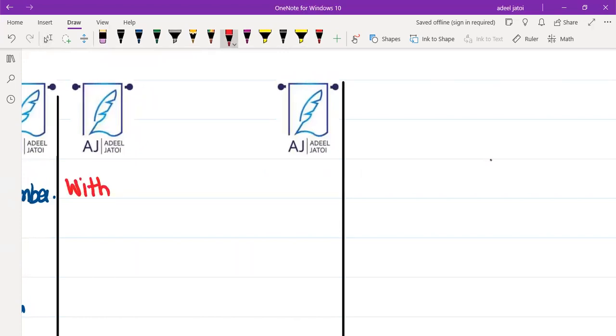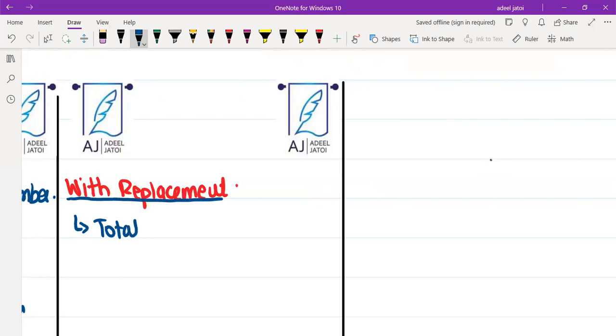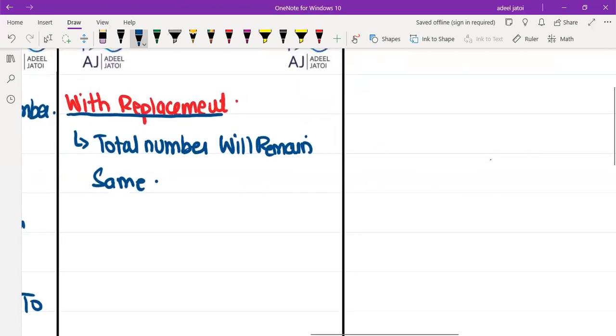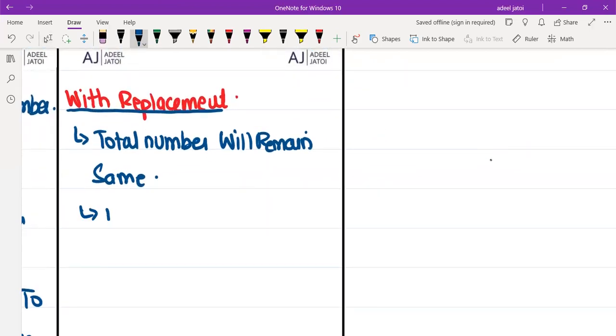If the question says with replacement, that means the total number will remain the same.